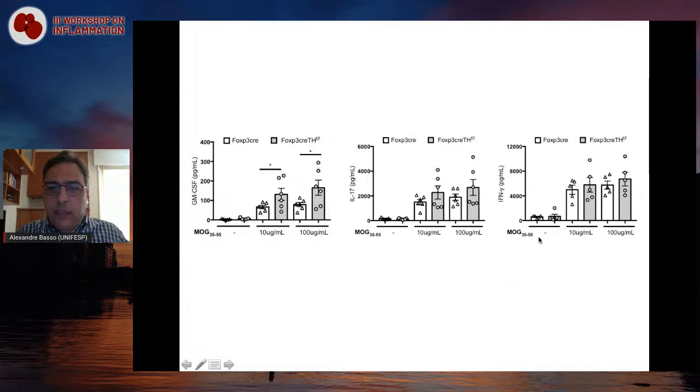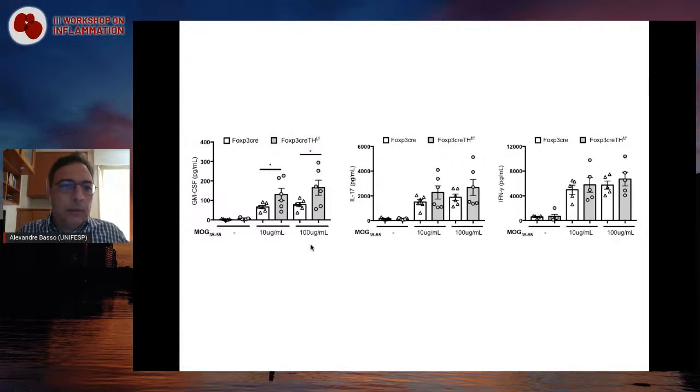We can see here that upon antigen-specific stimulation, we couldn't find any difference in IL-17 or in interferon gamma, but we did find higher amounts of GM-CSF production by those animals.